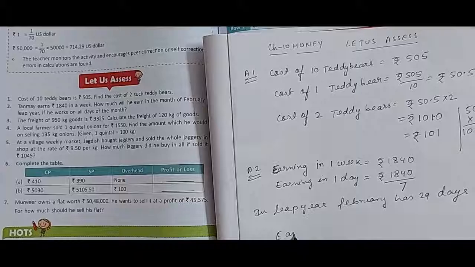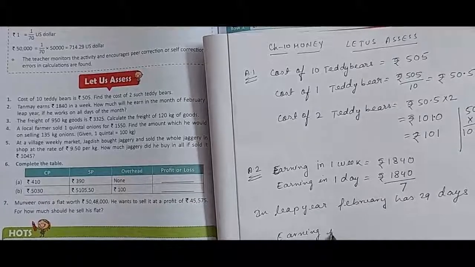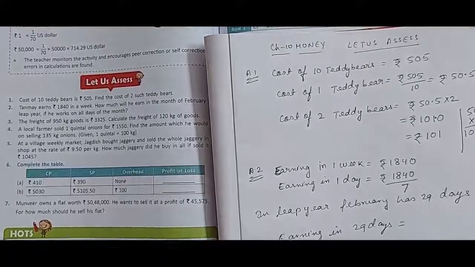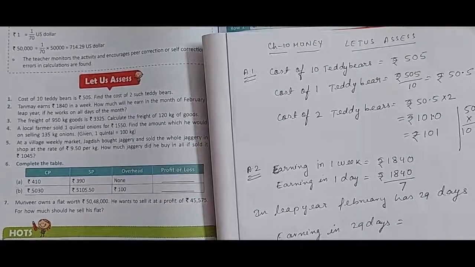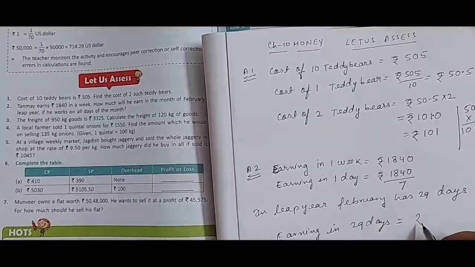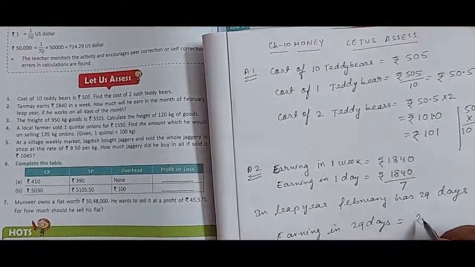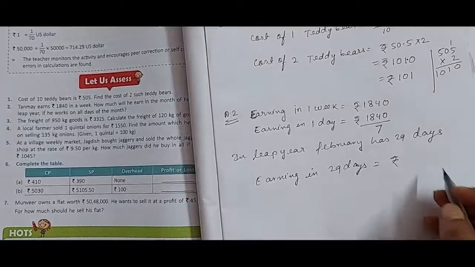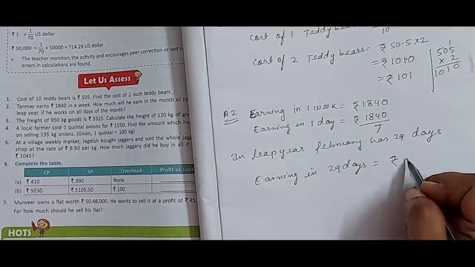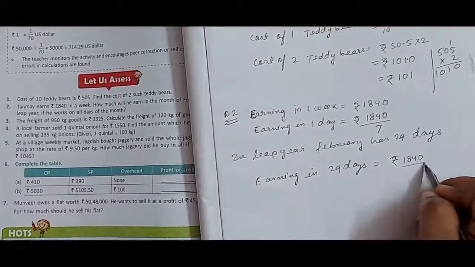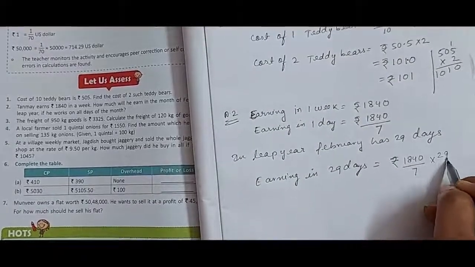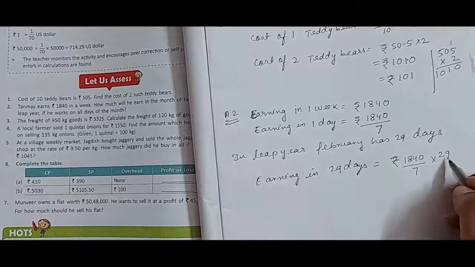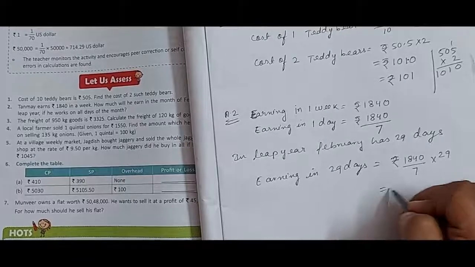So earning in 29 days equal to rupees 1840 by 7 into 29. Okay, this much rupees.